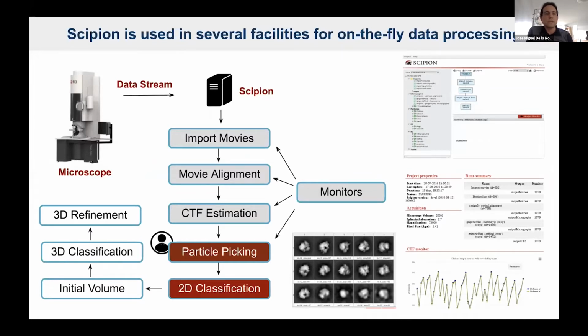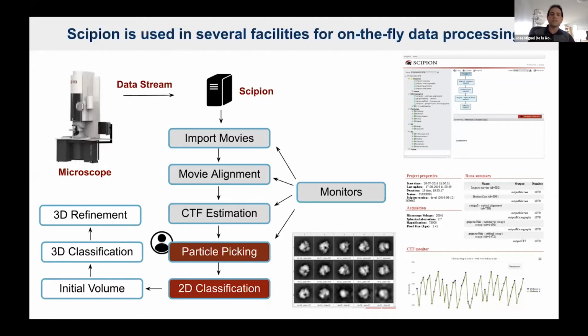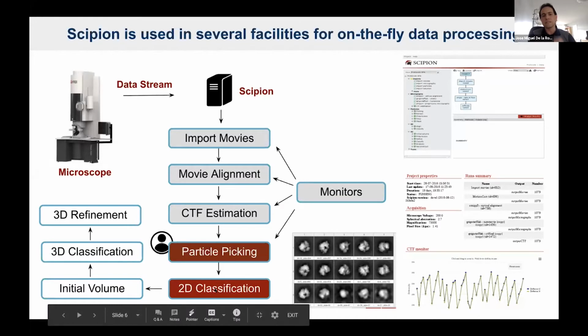In that sense, we modified the framework to allow this type of processing, and it has been quite successful in many facilities. You have web reporting tools where you can see how the data collection is going, and how your CTF estimation is doing. We have pushed this also for particle picking and 2D classification.